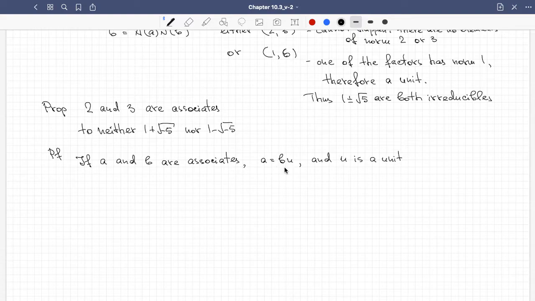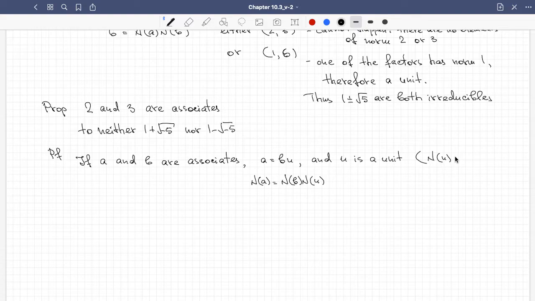We can take norms in this identity, so norm of A must be equal to, and norm is multiplicative, so we take a product. But U is a unit. We know all units have norms plus or minus 1.